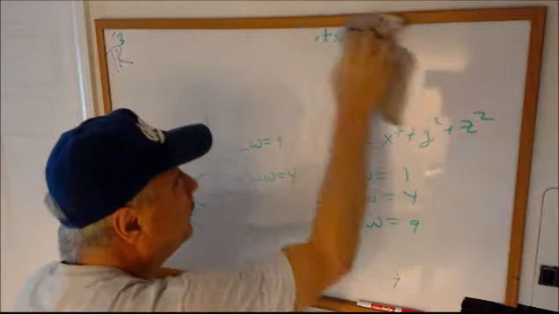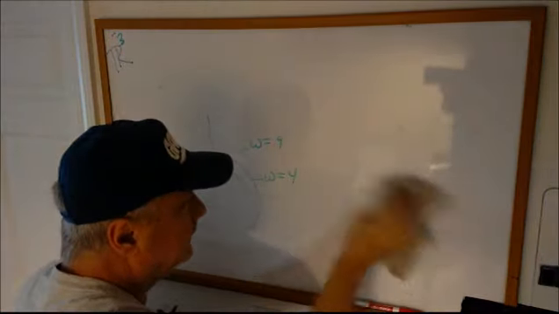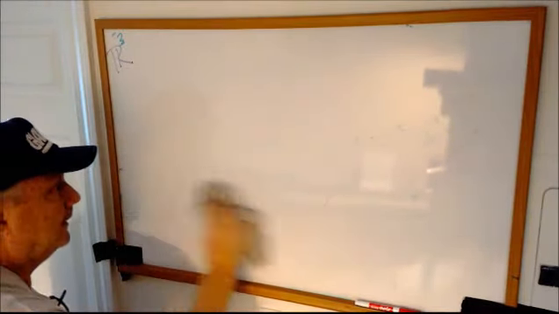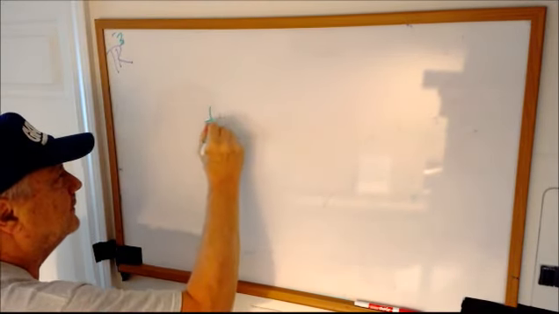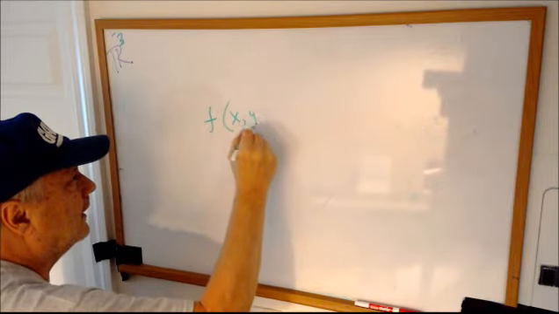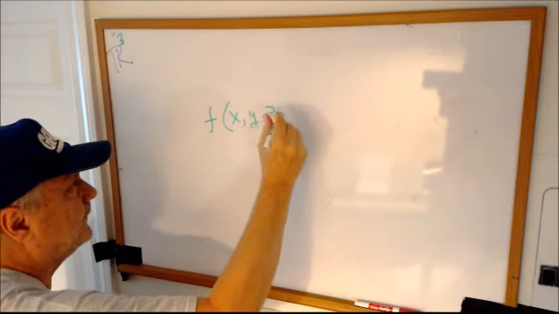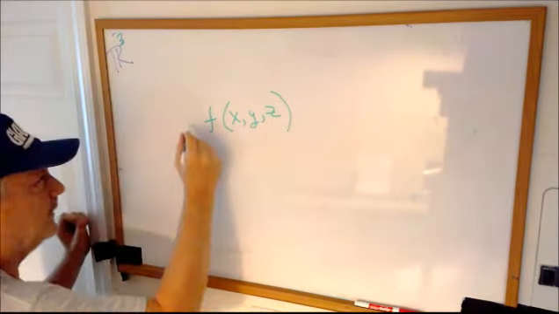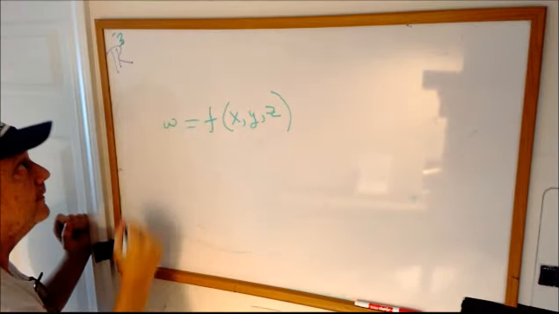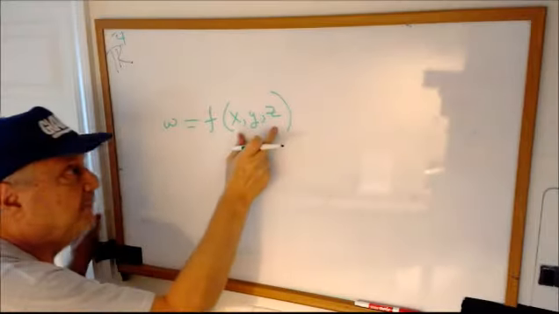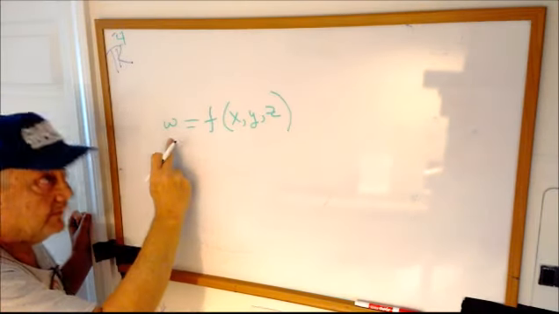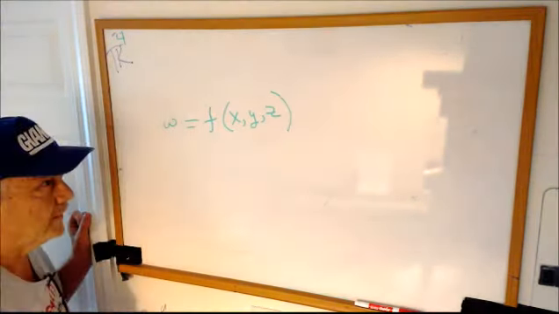I just want to point out one more little fact that'll be more useful later on. If we had a function of x, y, and z, and we'll call that w. So 3 independent variables, 1 dependent variable, so we're in R4.